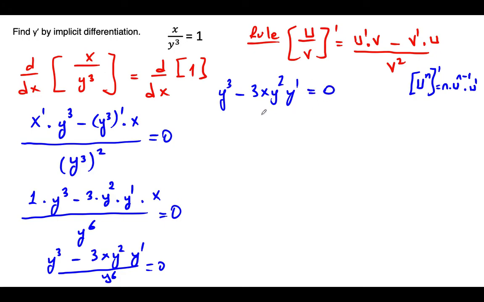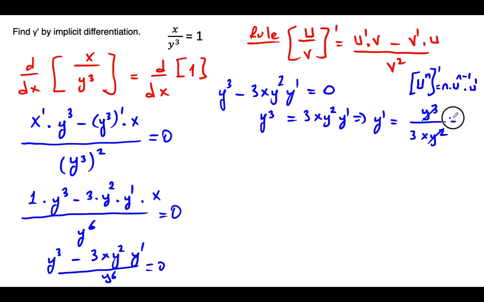And then here we can say that y cubed is equal to 3xy squared y prime, and then y prime is equal to y cubed divided by 3xy squared, and if we simplify this, it will be y over 3x.